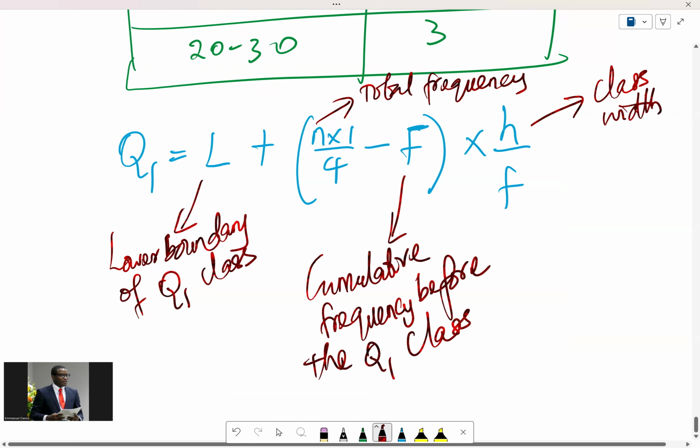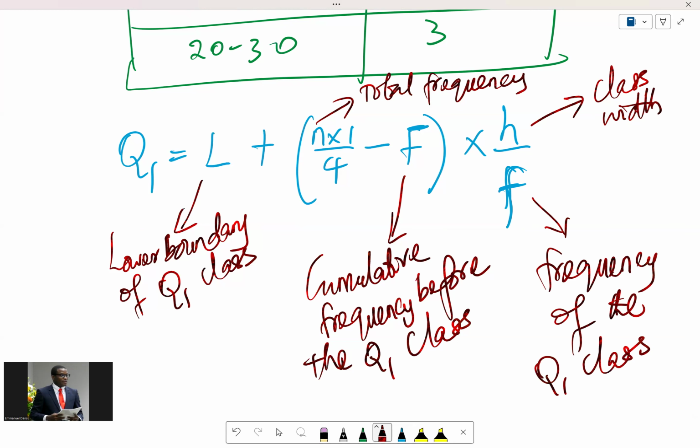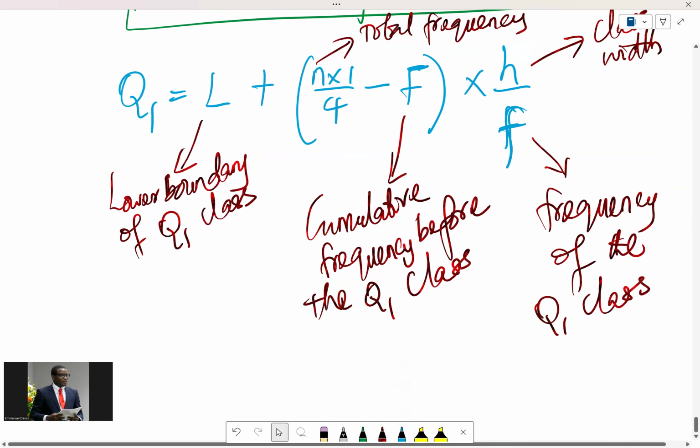And small f here can always be a confusion. This small f is the frequency of the Q1 class. If you are doing it for Q3, it's the same format, except that now we have n times 3 over 4 inside the bracket, and then the class will most likely be different.